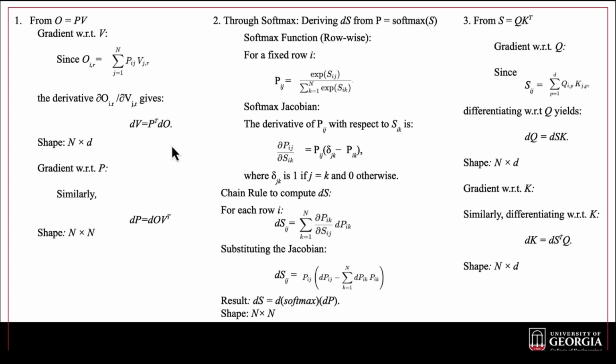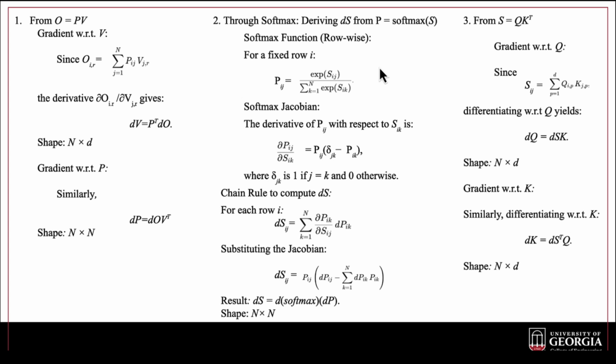For the third equation, we derive dS from P equals softmax of S. The softmax function converts the row scores in the matrix S into the probabilities P. For each row i in S, it normalizes the values so they sum to 1.